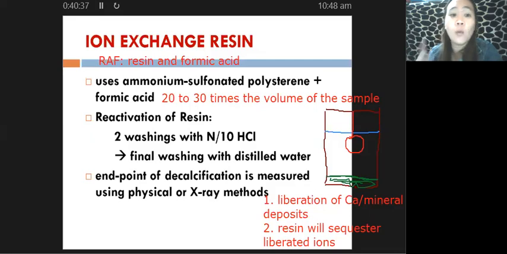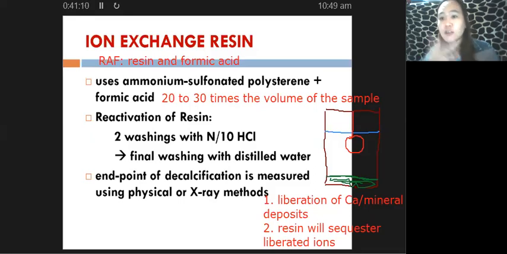That's why one of the advantages of your ion exchange resin is that it does not require daily changing of your solution, because your solution is able to maintain its effectiveness throughout the decalcification process.